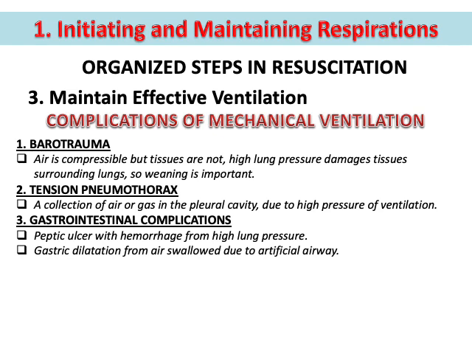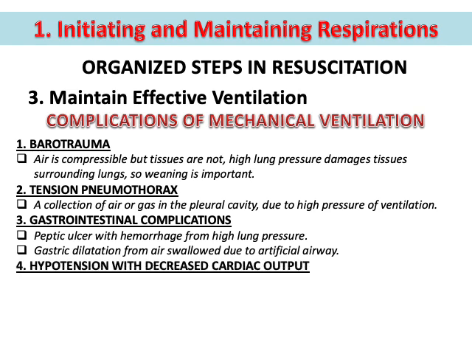Gastric dilatation can also occur from air swallowed due to the artificial airway or the endotracheal tube. That is why this is very important. If you will recall the previous picture in the slide, the newborn with the ET has an orogastric tube. It's automatic.